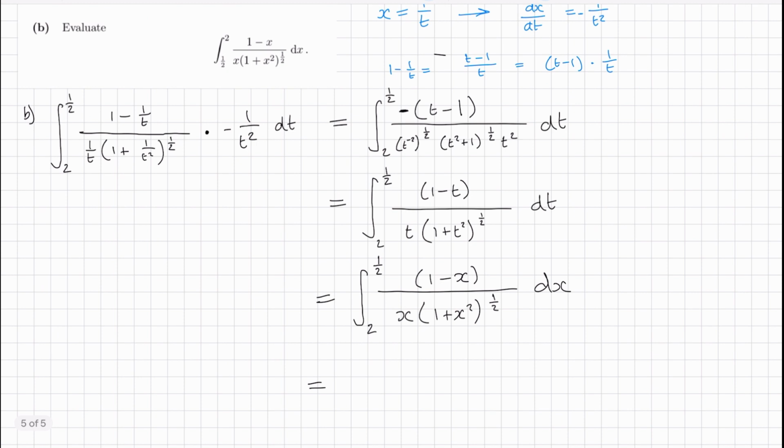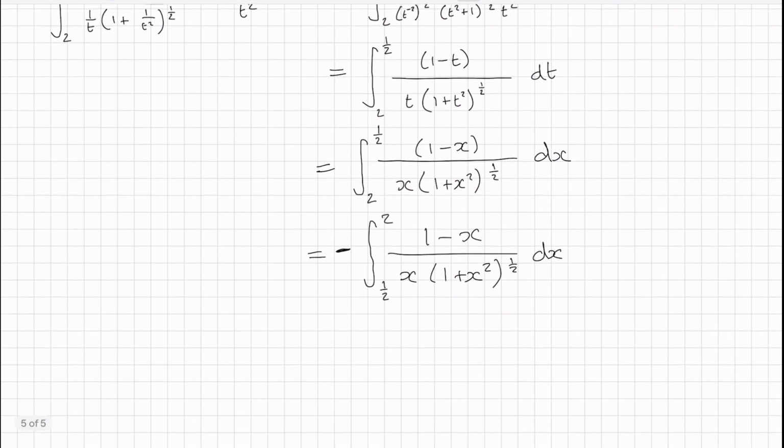So what can we do to change the limits back? Well, we multiply by negative 1, we change the limits, then we get 1 minus x over x times 1 plus x squared to the half dx.